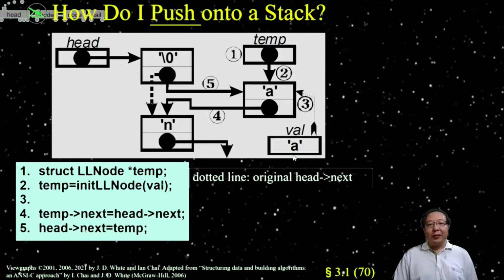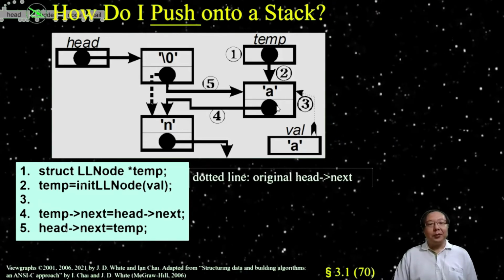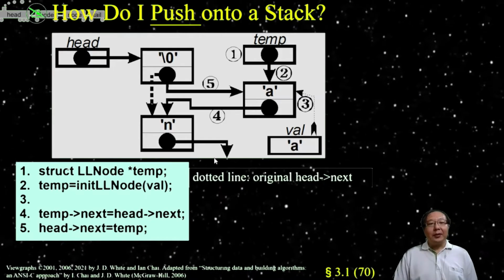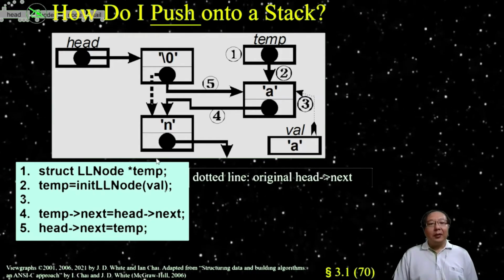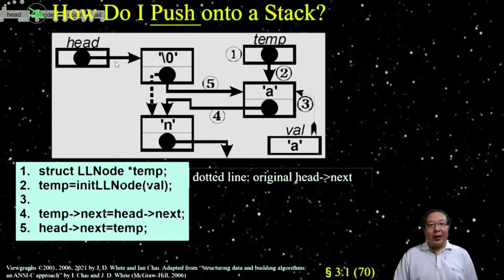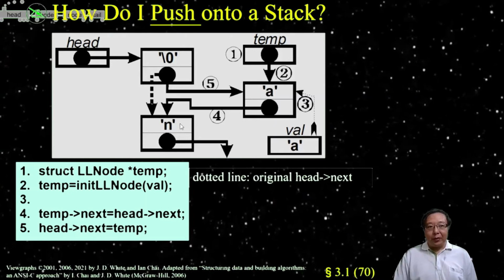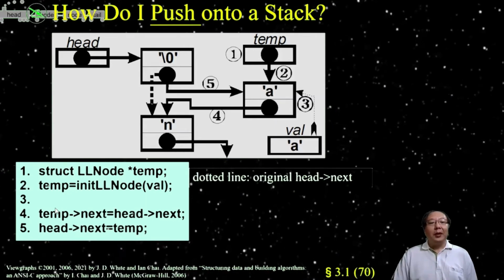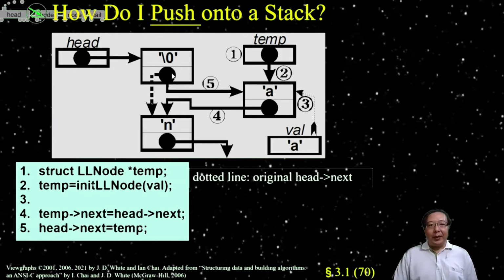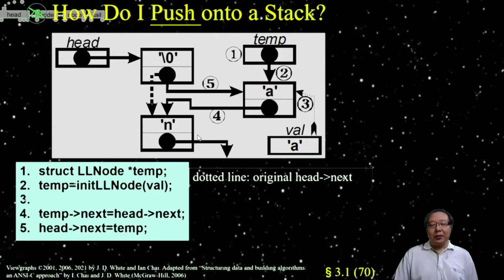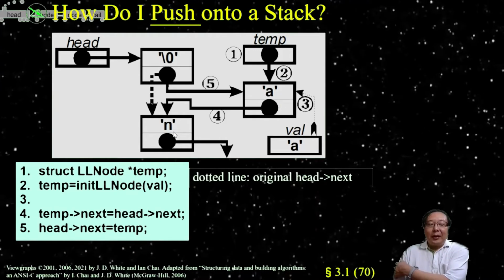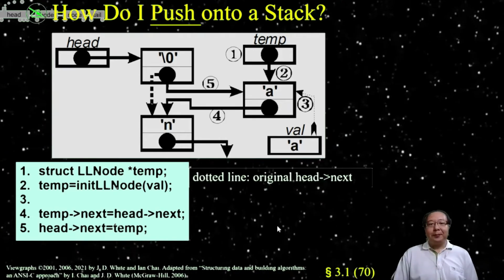Okay, so the val was a, so we're going to put a in the node, and then temp arrow next equals head arrow next. Head arrow next was like this, right? So it's going to point also to this end here, and then head arrow next equals temp. So head arrow next, which used to point at the end node, now it goes to the a node. So we have inserted this a at the head of the stack.